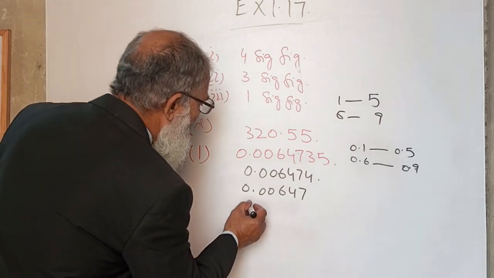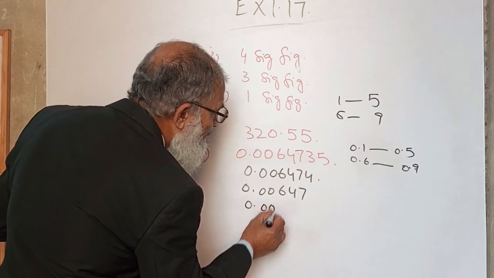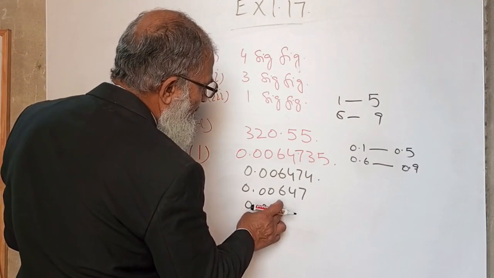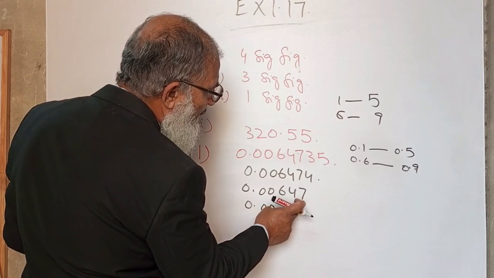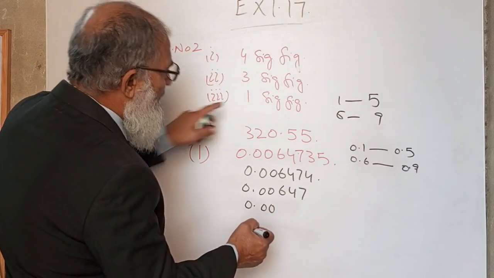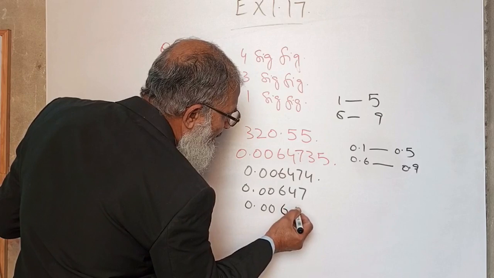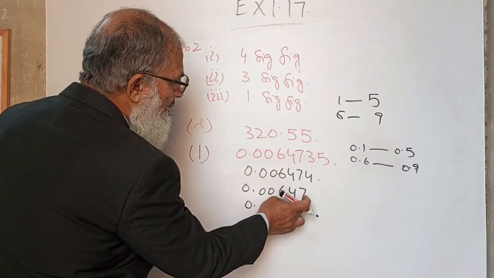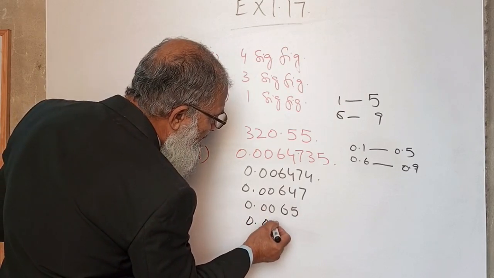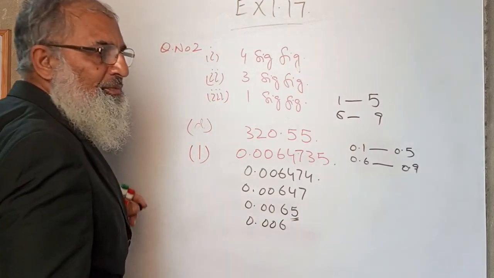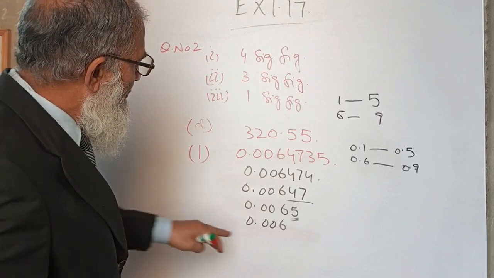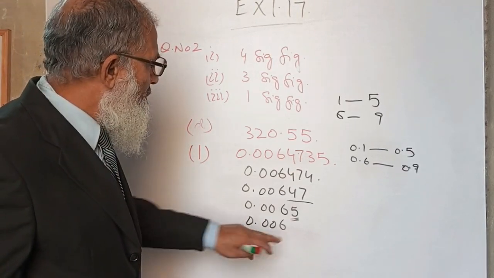And for this, if I do it in two steps, now this will become 5. We have changed this 4 to 5, and for our answer we have to ignore this also. So we have ignored 0.047 and we have brought it to 0.006.